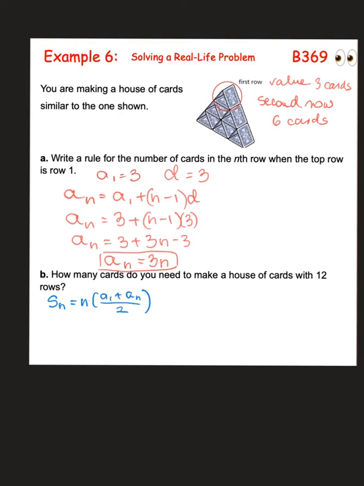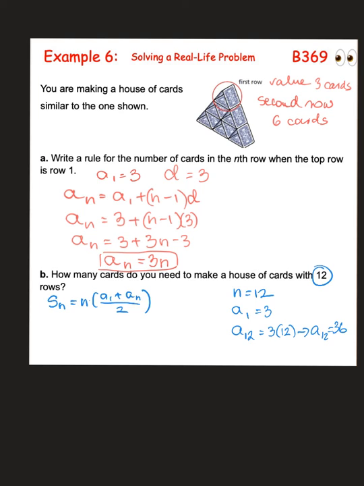So the information we need is n. n is going to be 12 because we are working with 12 rows. The first term is the first row of cards, which is 3 cards. And the last term is going to be the 12th term, which is 3 times 12. So the value of the 12th term is going to be 36.